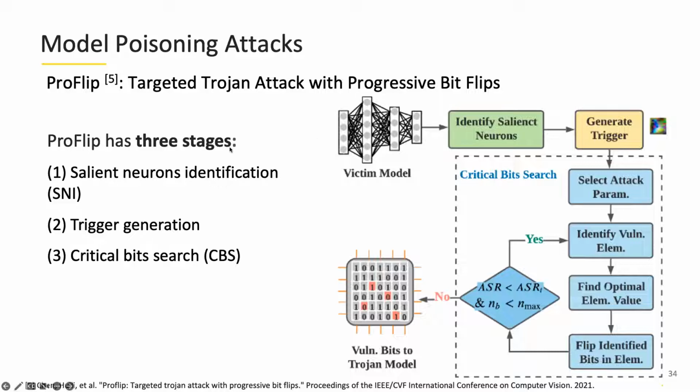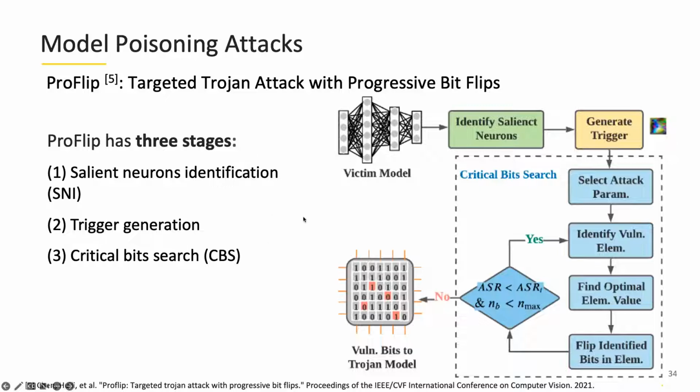The first step in ProFlip is that the most important neurons in the last layer of the neural network are identified for the attack target class.